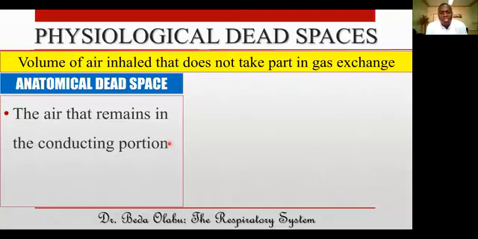There's still some air in the bronchi or the bronchioles which cannot participate in gas exchange. So the air that remains in the conducting portion, definitely there'll be some air remaining there. That air is what you're calling the anatomical dead space. This anatomical dead space is about 150 ml.